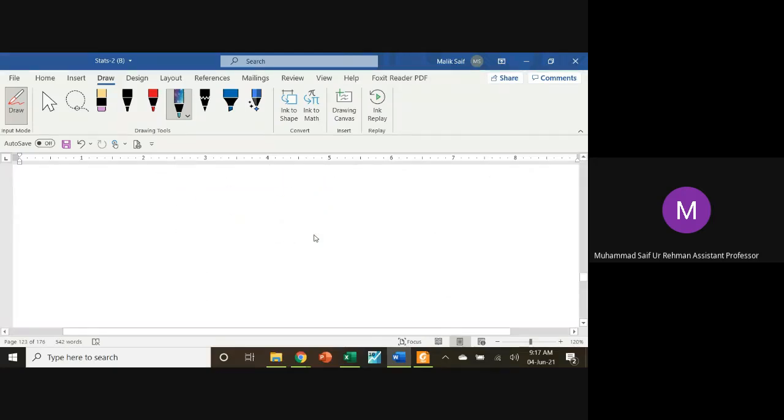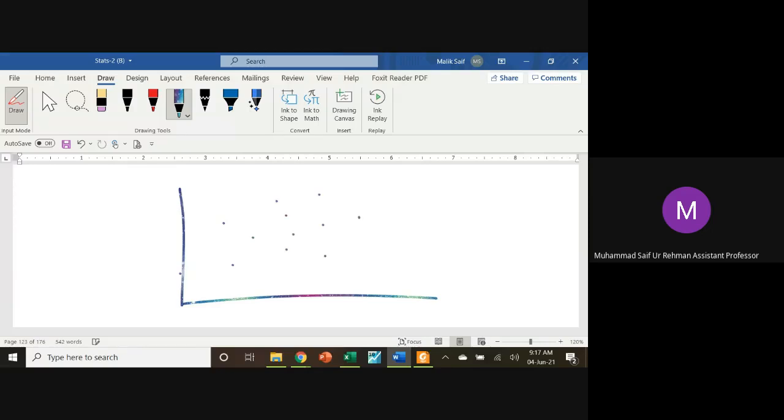So let me draw it again. This is the situation. Let's say Mr. A obtained these dots, and he is going to draw a line like this. This is the best estimate that he can make. He's thinking that this is the line that I'm going to draw in between the dots.